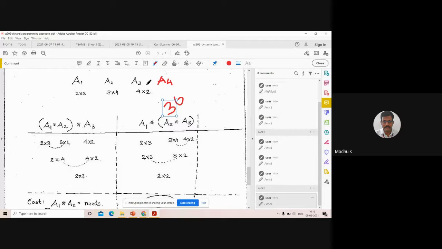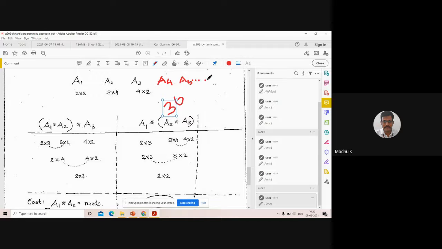Suppose there is another matrix, a4 or a5 or some other number of matrices, then I would have to try all these possible ways and calculate the cost of each way manually. Then from that I would find the best one. That will be an extremely complex process.